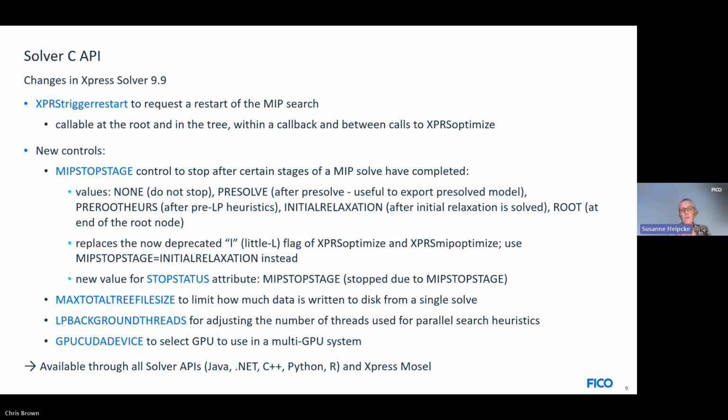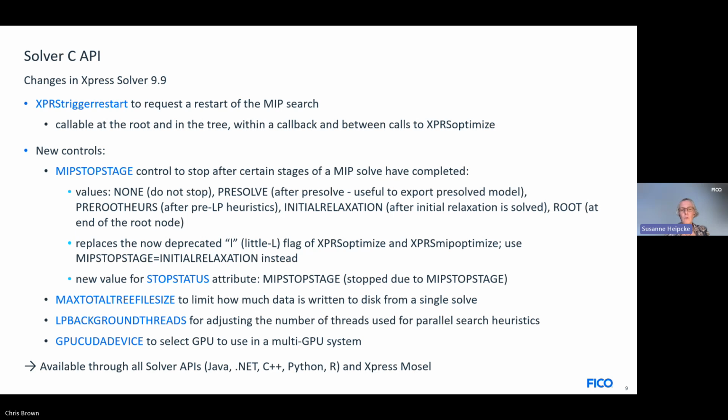Instead, we are now introducing a new mechanism called MIP stop stage, a control that has different values. This allows you to stop not just after the initial relaxation, which would result in exactly the same behavior as the previous flag, but also after the presolve, after the pre-root heuristics, and also after the root, so after the cuts and heuristics from the root node.